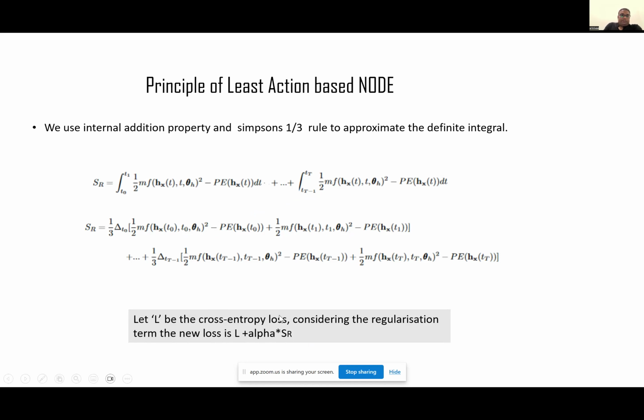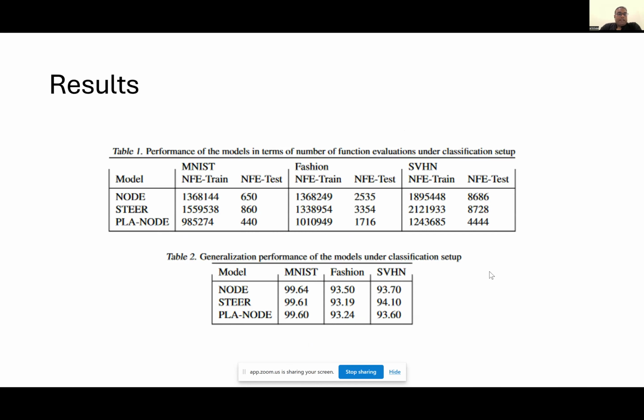And this is used as a regularizer, where alpha is a hyperparameter controlling how much curvature we can accept. We evaluated the performance of this model on 3 different datasets.